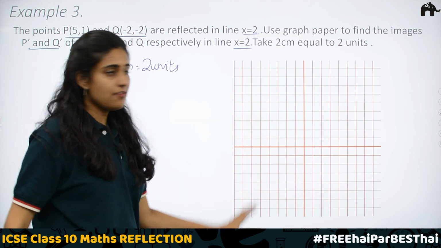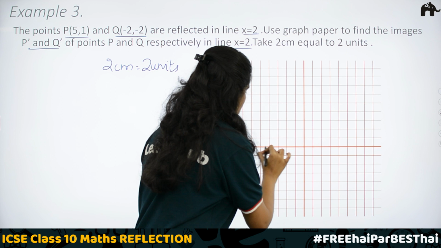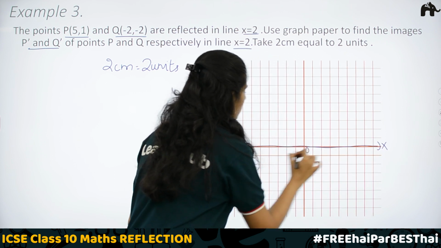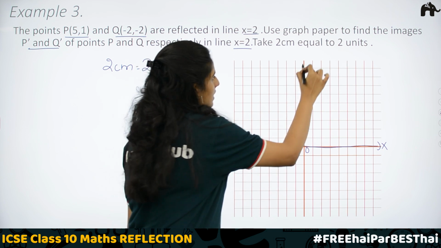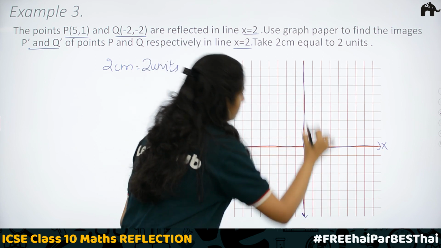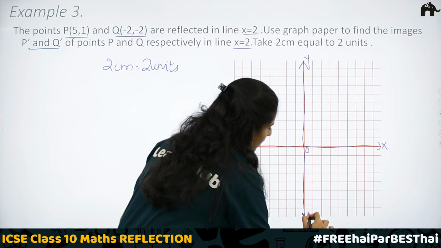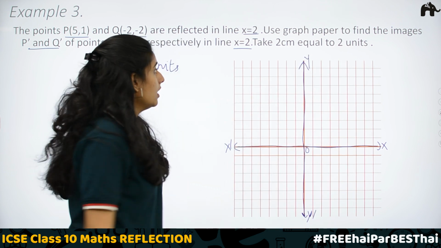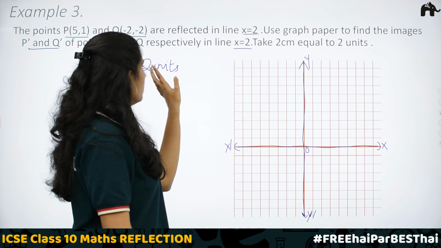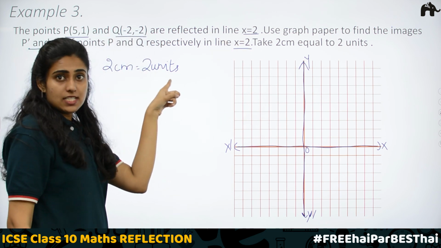We have a graph. This is x-axis, x, O, x dash. And this is y-axis, y, O, y dash. Now, we have to find the line x is equal to 2. We have to take 2 centimeters as 2 units.